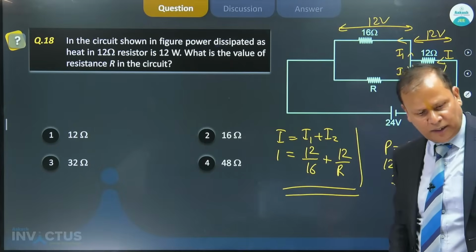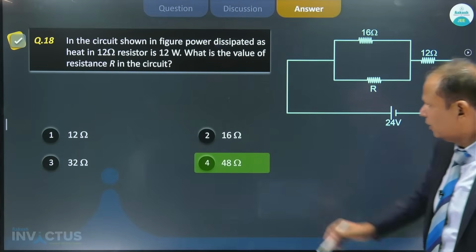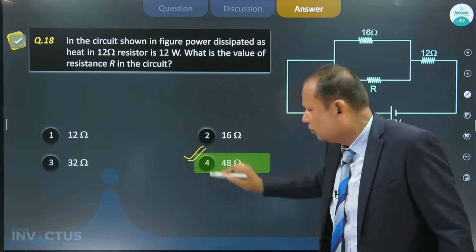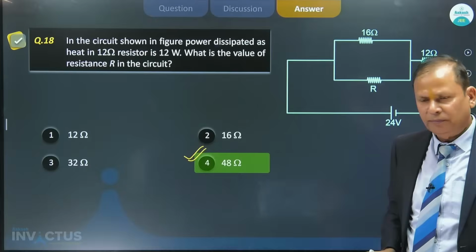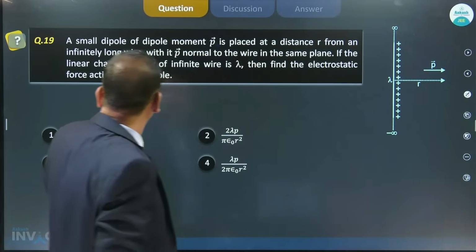And let's see the answer. So it will be 48 ohm. This is the correct answer. Move to the next question.